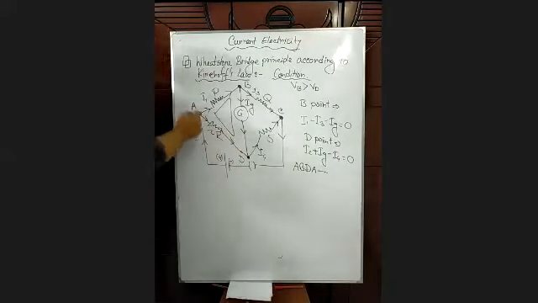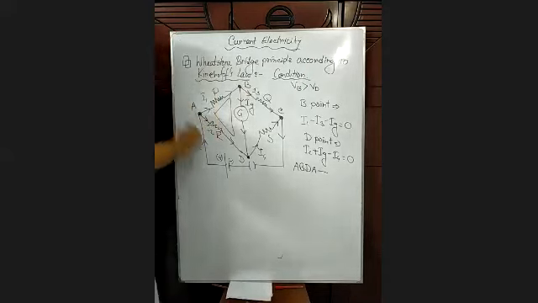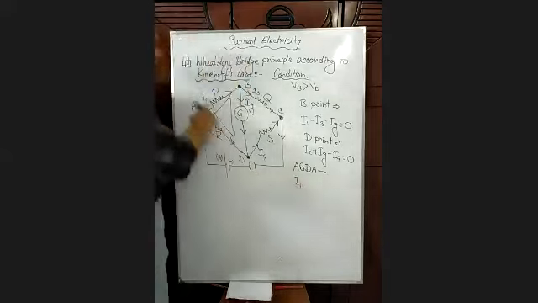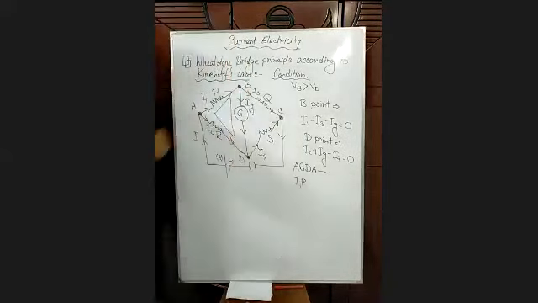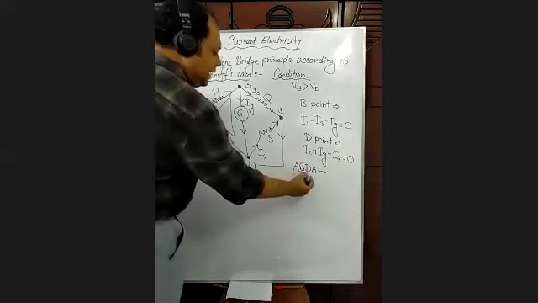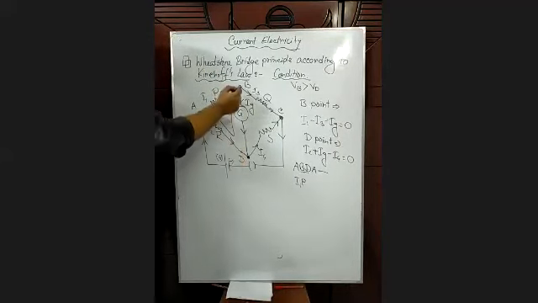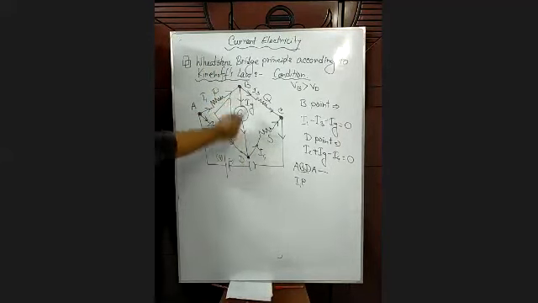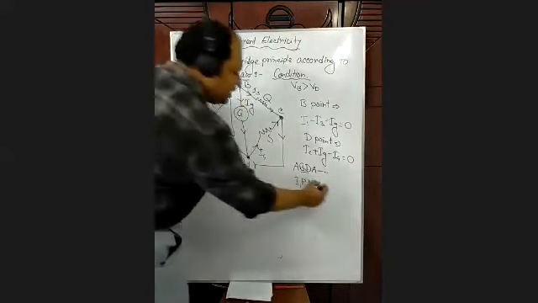Just like this. You go from A to B. Current I1 also goes from A to B. So the current is I1 and its resistance is P. So the product of current and resistance is I1P. Then the second path, BD. You go from point B to D, and the current IG also goes from B to D. So the current is IG and its resistance is G.